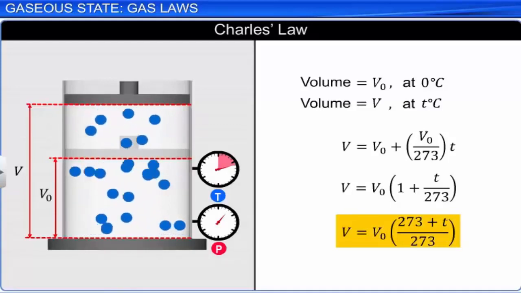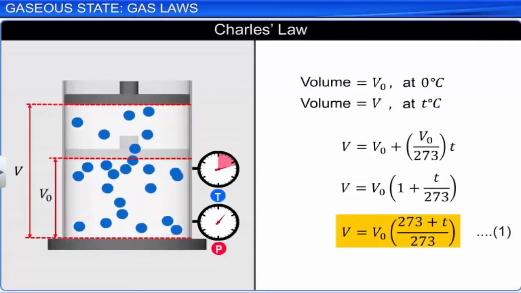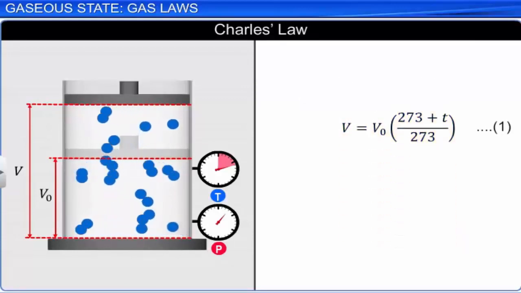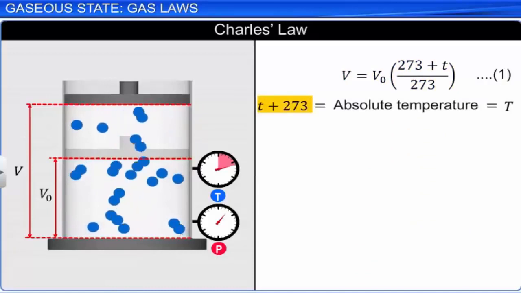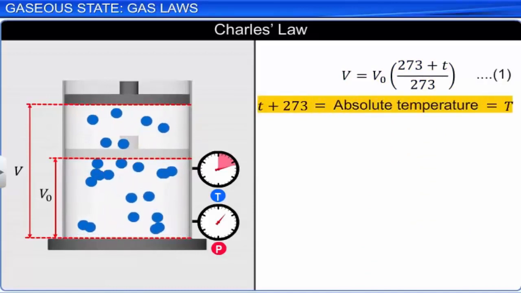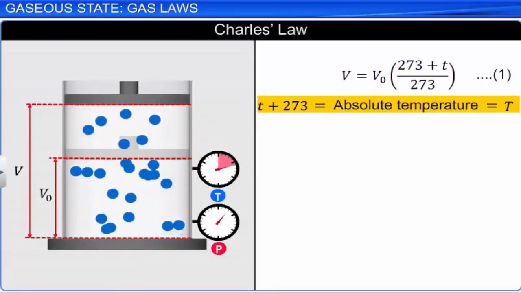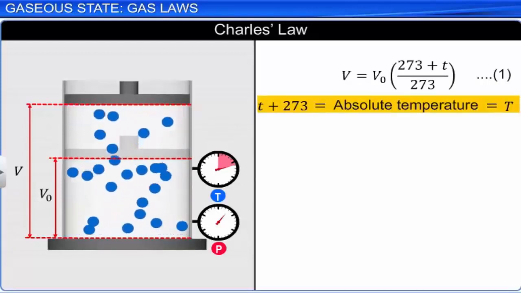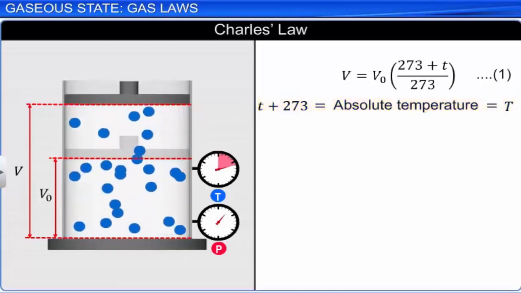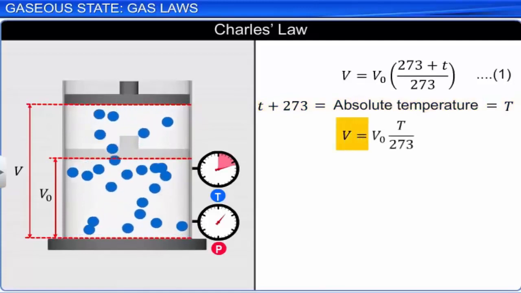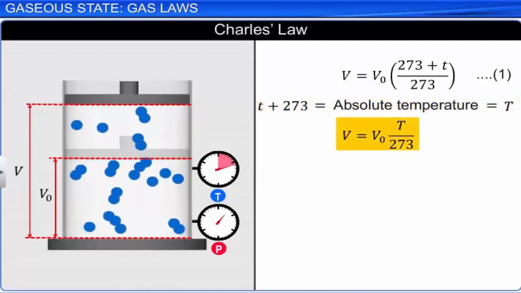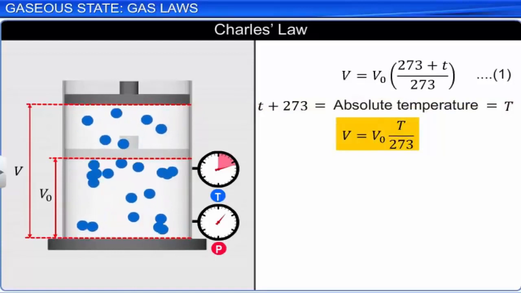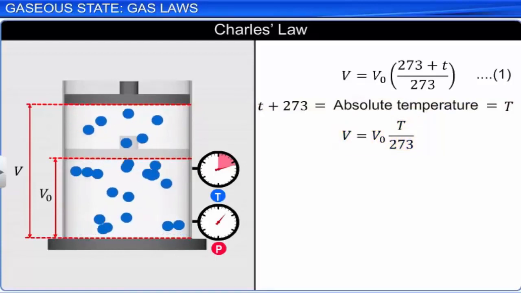We know that T plus 273 is nothing but the absolute temperature in the Kelvin scale. Writing T plus 273 as T, we get V is equal to V0 into T divided by 273. But for a given mass of a gas, V0 by 273 is equal to a constant.